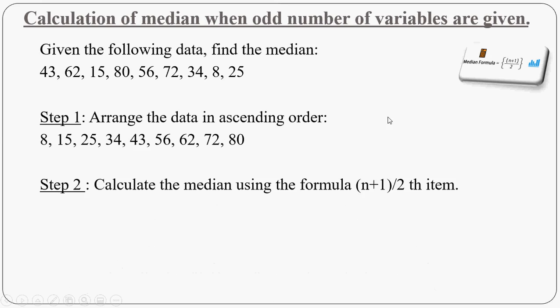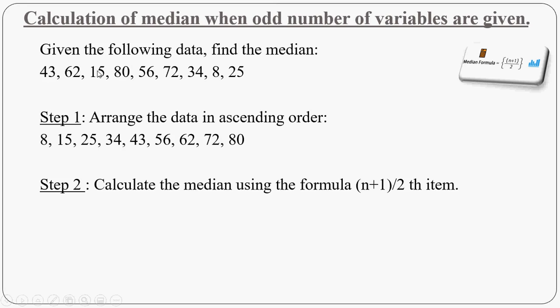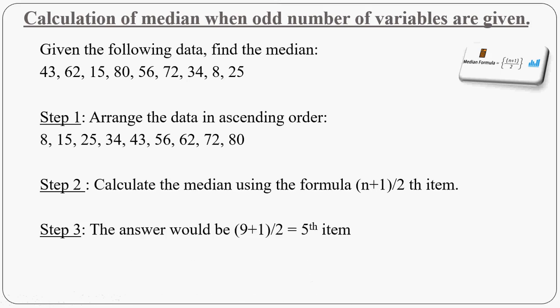Step number 2, we need to apply the formula as I told you, (n plus 1) by 2th item. So this is the formula. What is n? The number of counts in the given series of data. If you count how many there are, 1, 2, 3, 4, 5, 6, 7, 8 and 9. So 9 plus 1 by 2, 10 by 2, the fifth item is the median.